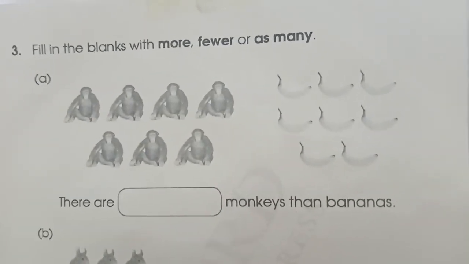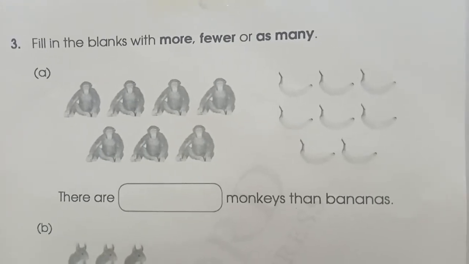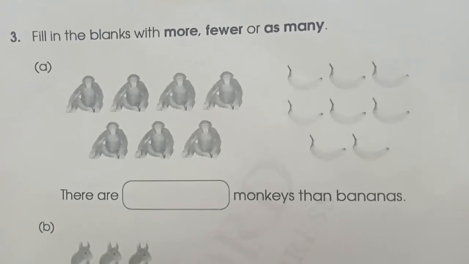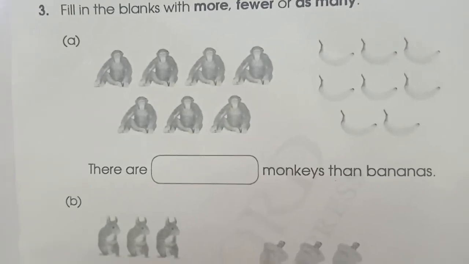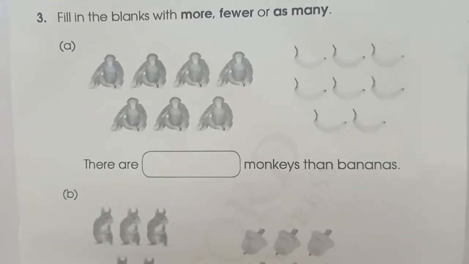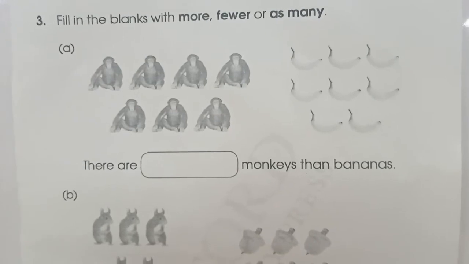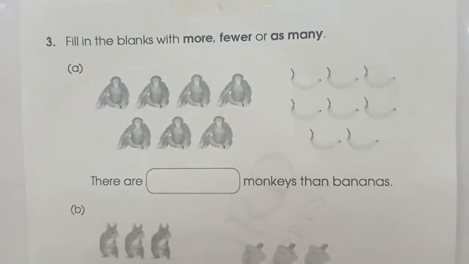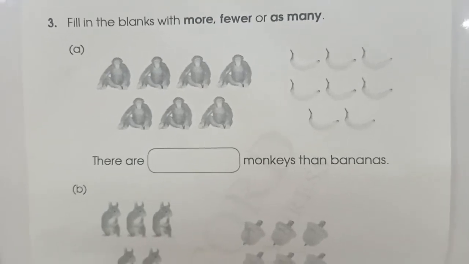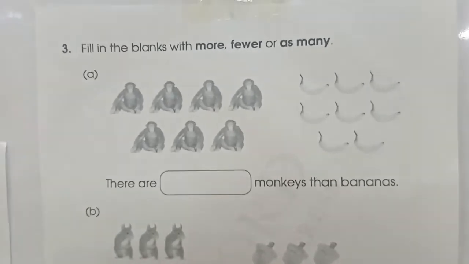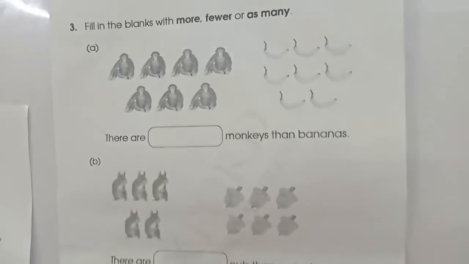Count them. 1, 2, 3, 4, 5, 6, 7, 8. 8 bananas and 7 monkeys. So what can we find? There are dash monkeys than bananas. So there are fewer monkeys than bananas, because monkeys are 7 and bananas are 8.